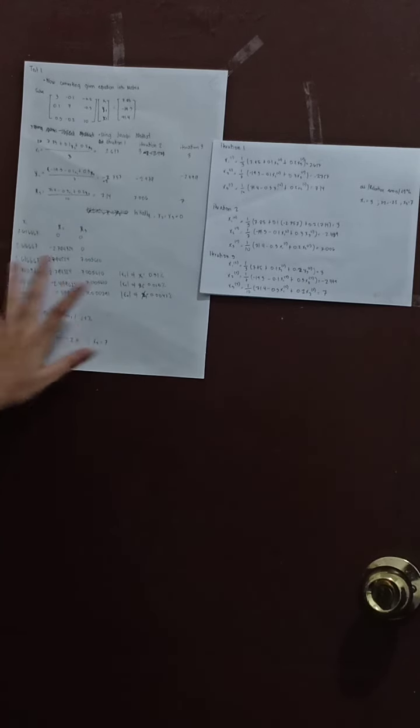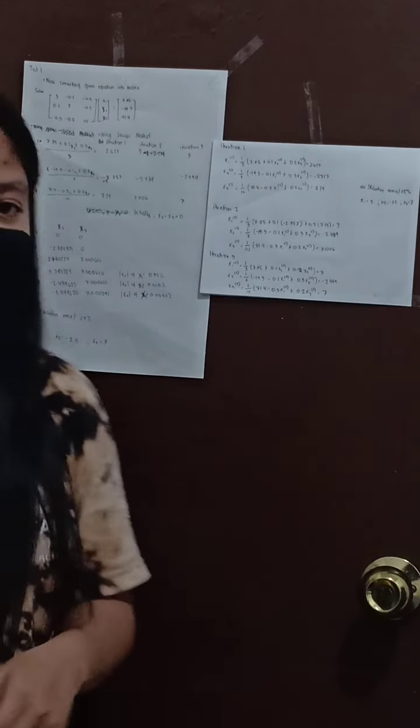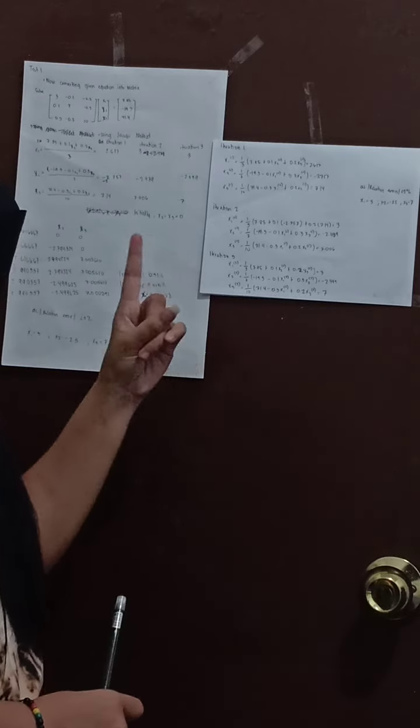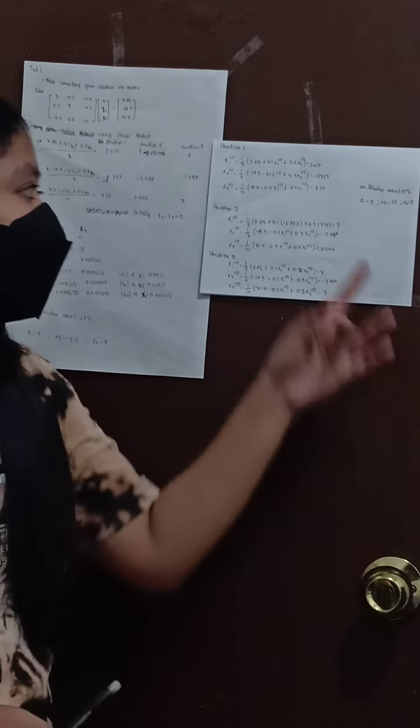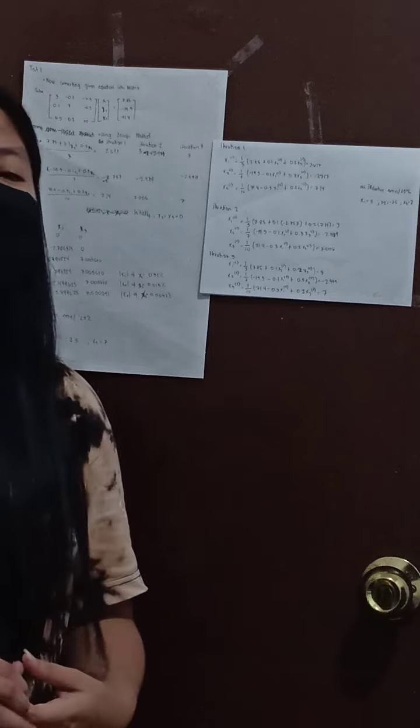So this would be the table. The final answer here is x1 equals 3, x2 equals negative 2.5, and x3 equals 7. And that would be all.